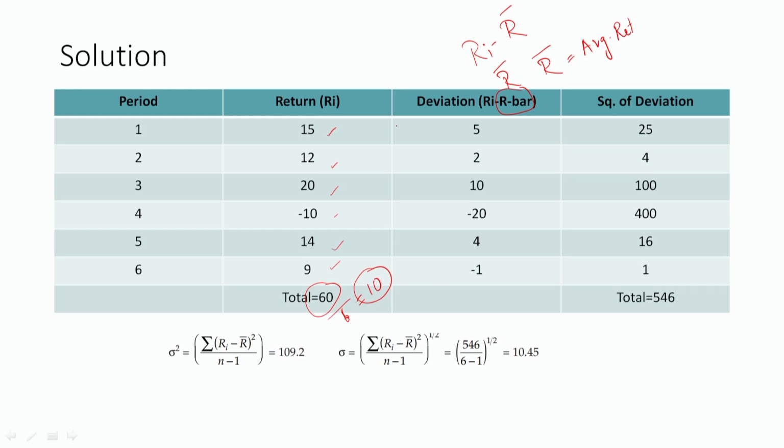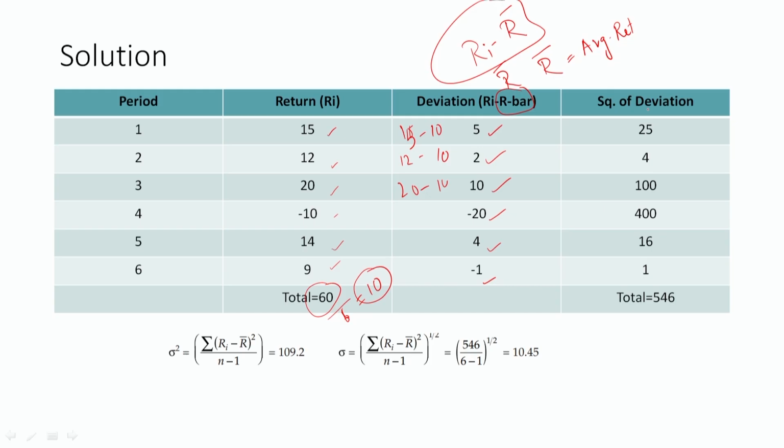So 15 minus 10 we are getting 5, 12 minus 10 we are getting 2, similarly 20 minus 10 we are getting 10, minus 10 minus 10 is around minus 20, 14 minus 10 is 4, 9 minus 10 is minus 1. So we get the deviation, Ri minus R bar.